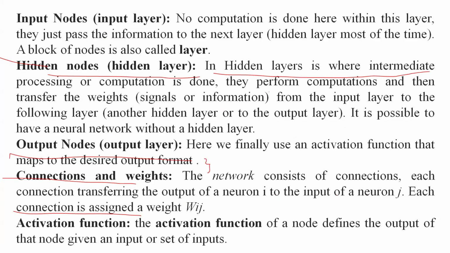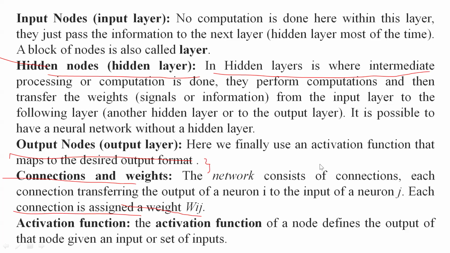That weight is calculated based on this point. You can understand the network consists of connections. Each connection transfers the output from i to j. While it is transmitting, it is also adding some weight, which we evaluate as W subscript ij. And we need to add activation functions for every layer.